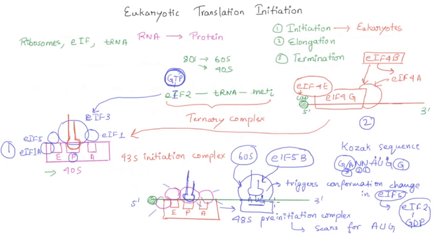Now, binding of the larger subunit, that is 60S, to the smaller subunit triggers the release of EIF5B. And now the whole complex is ready for the elongation process of translation.